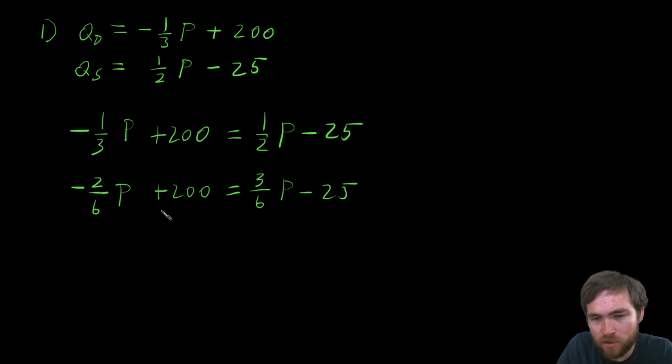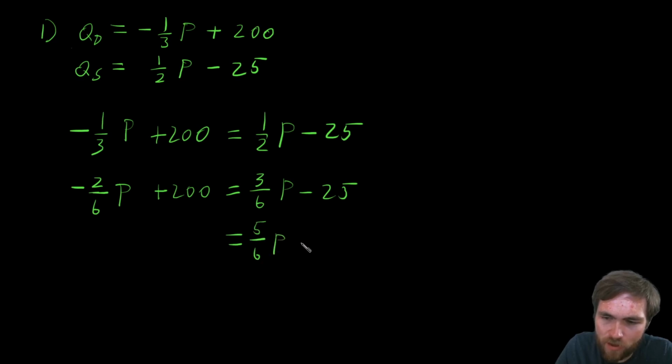So we need to add 2/6 P to each side, which gives us 5/6 P on this side minus 25 plus 200. So now we can take the negative 25 over by adding 25 to both sides, leaving us with 225 is equal to 5/6 P.